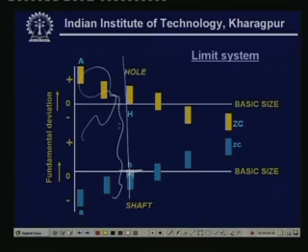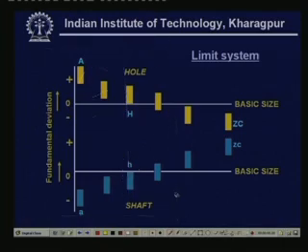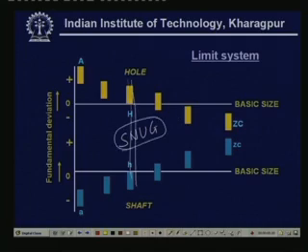So there will be a very good clearance fit. However, for this particular zone of the H, if it is exactly like that, we sometimes use the word snug fit. So this is the zone if we consider all the H zone.